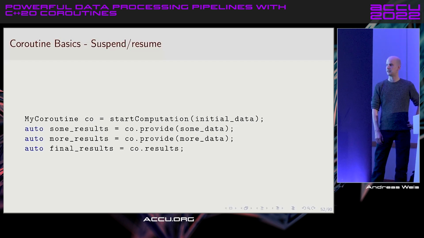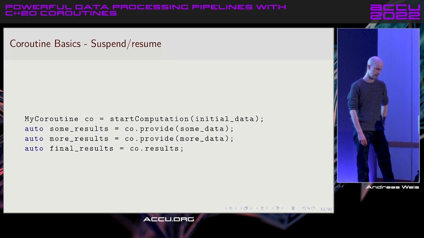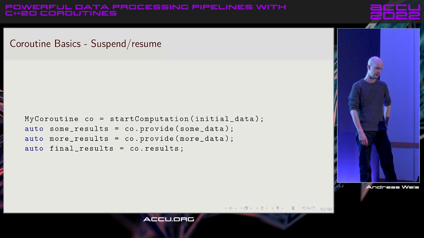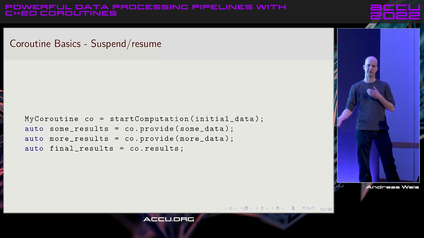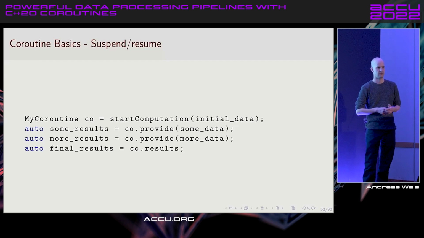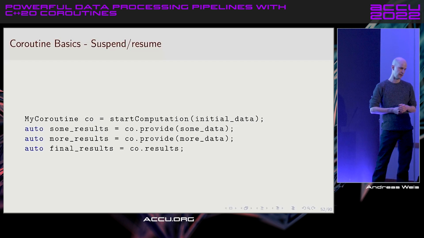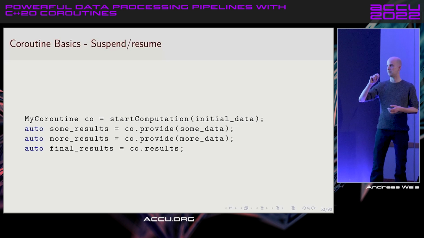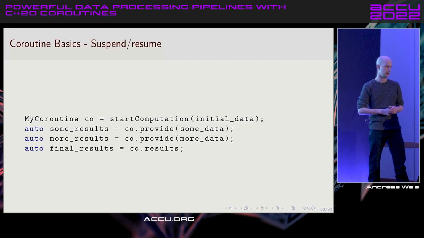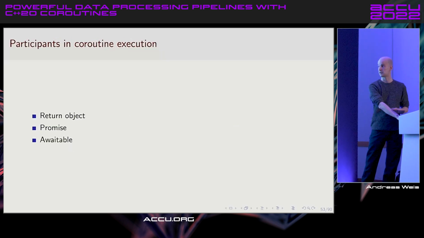It's a somewhat unique feature because it works differently from pretty much all the other language features we have at the moment. It provides direct hooks into the compiler that allow you to insert code into specific stages of the coroutine execution. We're going to look at some concrete examples of how this works later on.